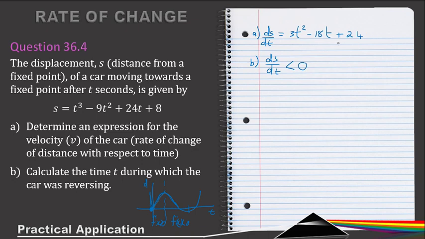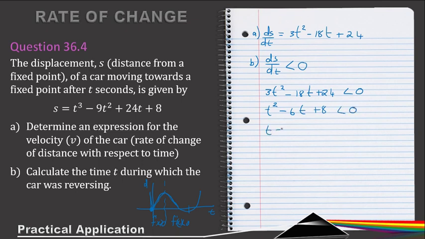So once again, we're just going to solve 3t squared minus 18t plus 24 being less than 0. And I can divide everything by 3 to simplify. Then I get t squared minus 6t plus 8 is less than 0.